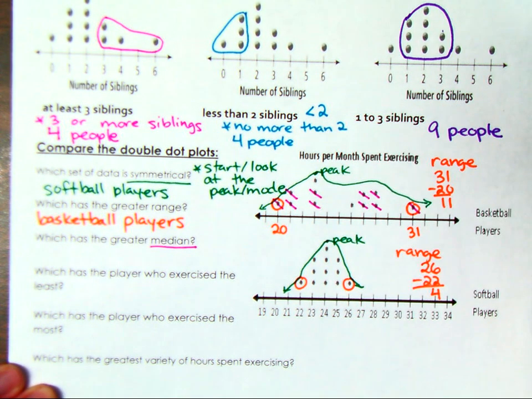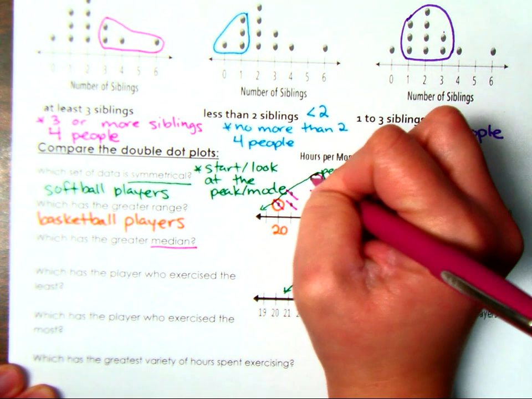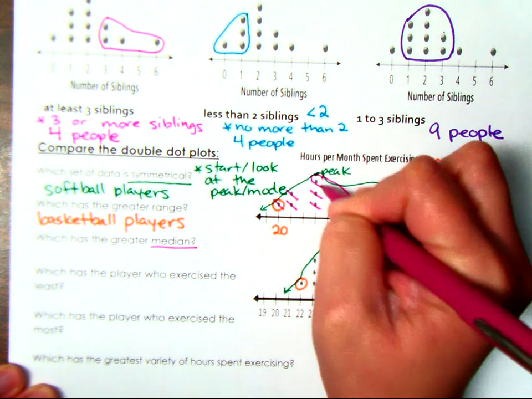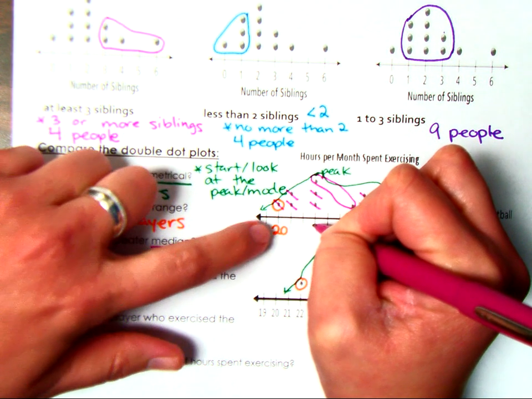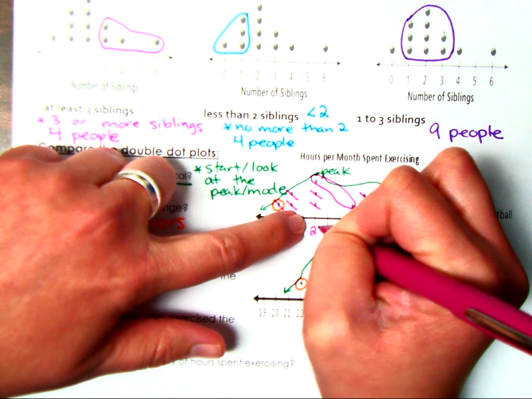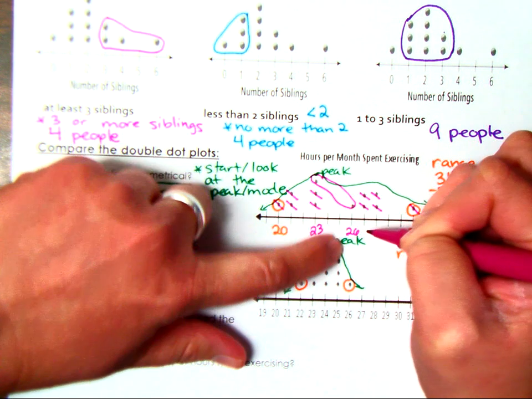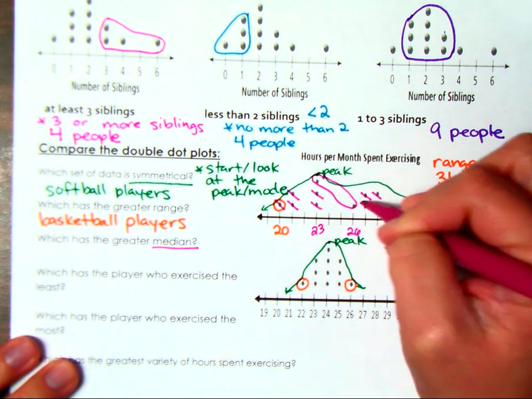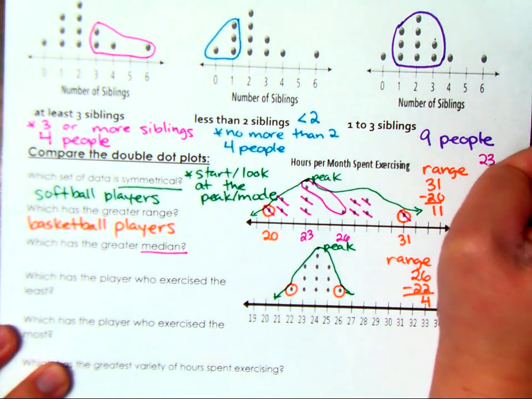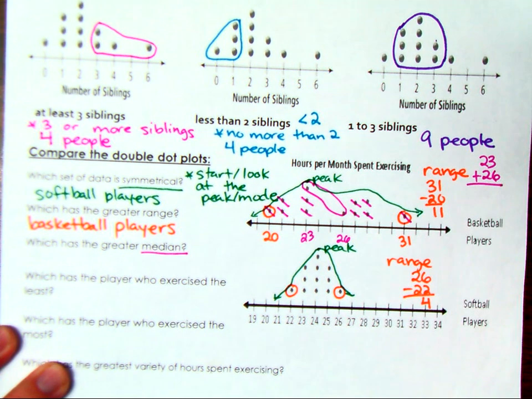So that one has a tie. So this is my 2. So this number right here was 20, 21, 22, 23, 24, 26. Making sure. So 23 and 26, we're going to add those up and then divide by 2.